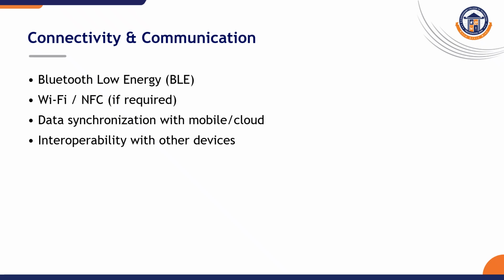Then data synchronization with the mobile or cloud, how it will be connected with the application through mobile devices or cloud-based applications through the service providers, and the interoperability with other devices, how it will communicate with other devices. These are some of the connectivity and communication parameters to be considered when designing a wearable device.